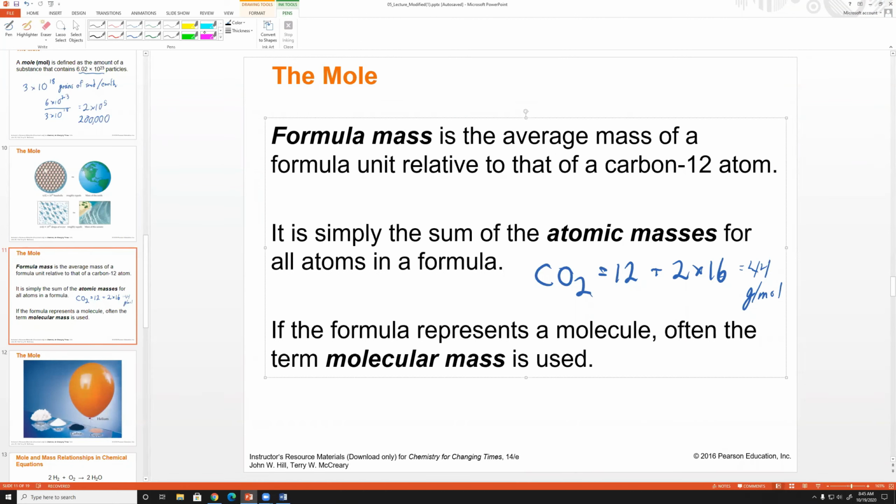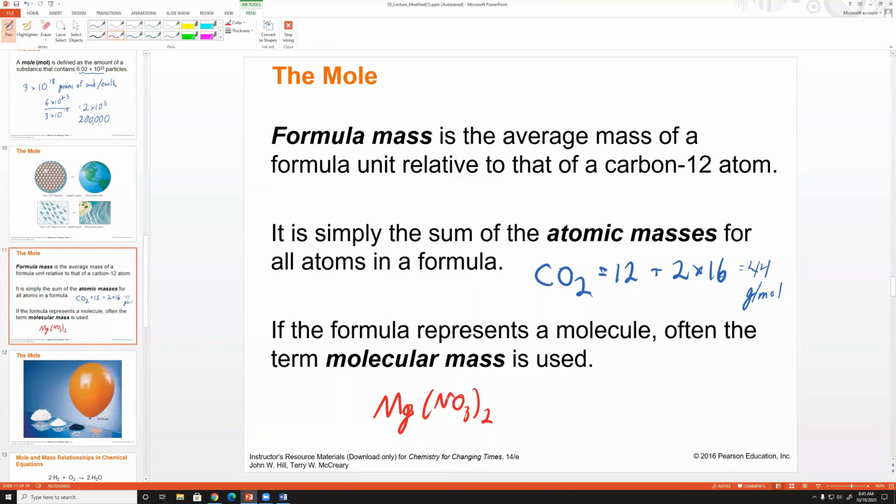So we'll do one more case that's a little bit more difficult. Let's do Mg(NO3)2. I'll tell you right now, or we can look at the table.